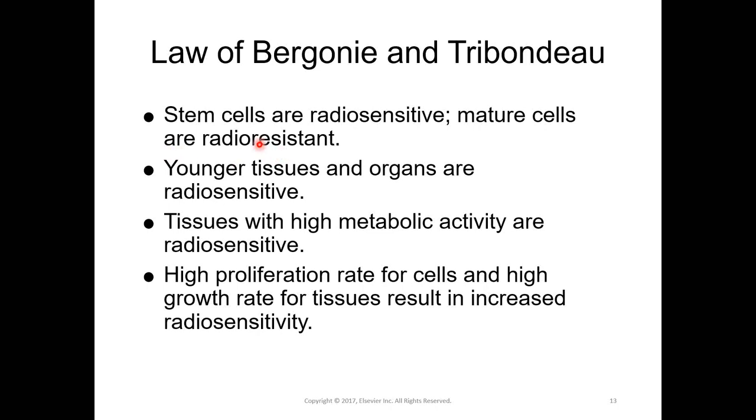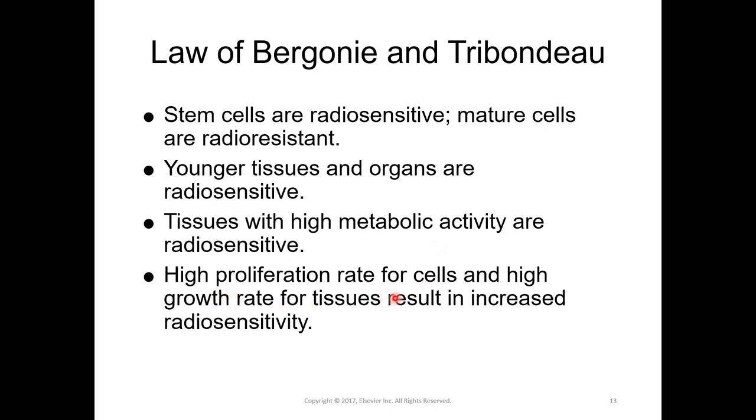Again, stem cells are radiosensitive and mature cells are radioresistant. So new cells are more sensitive to radiation than older cells. Younger tissues and organs are radiosensitive, and that still goes back to that stem cell. Tissues with high metabolic activity are radiosensitive, so tissues that are constantly reproducing, those are more sensitive to radiation.